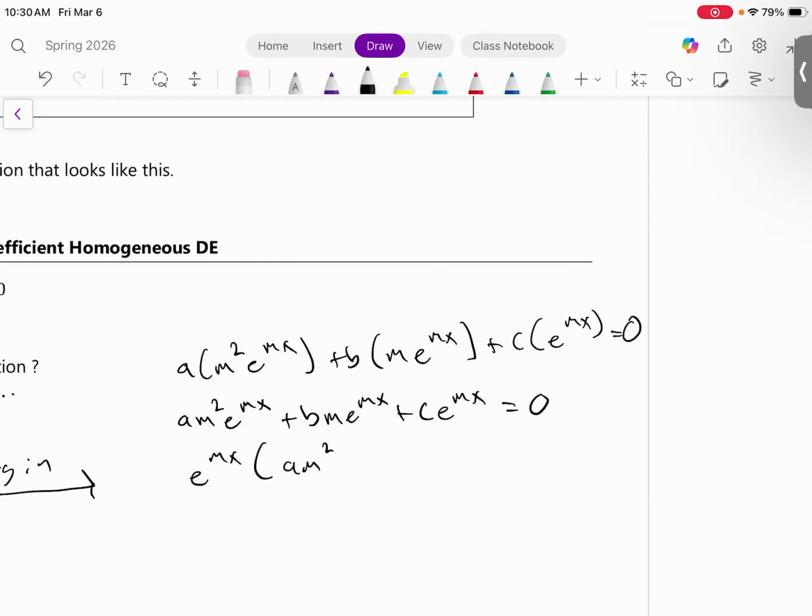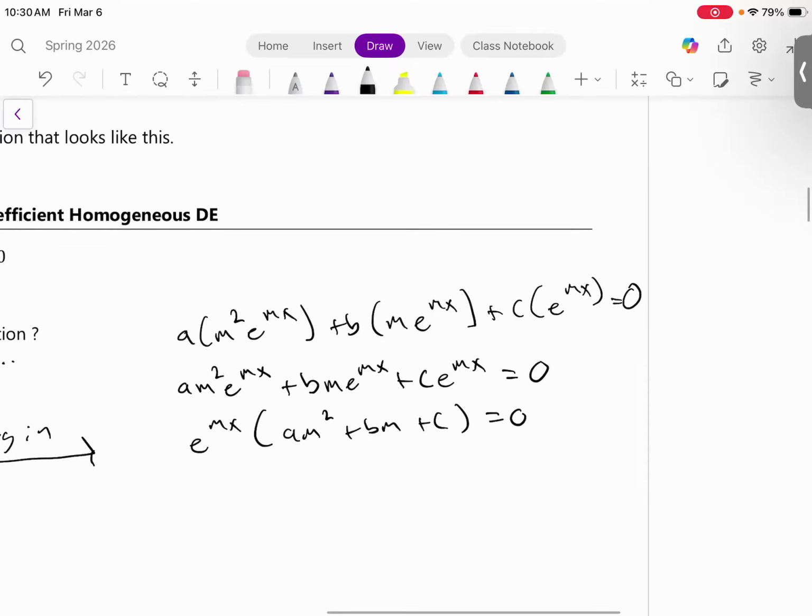So I'm just left inside am squared plus bm plus c equals 0. Okay, so both of these components equal 0, but let's pay attention to a couple things. That an exponential function never equals 0. It never equals 0. So that means am squared plus bm plus c must equal 0.